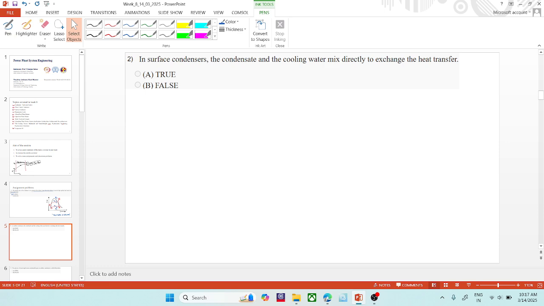So the next statement is: in the surface condensers, the condensate and the cooling water mix directly in the heat exchangers. In the surface condenser, the condensate and the cooling water do not mix with each other. They act as different streams. So this statement is false.